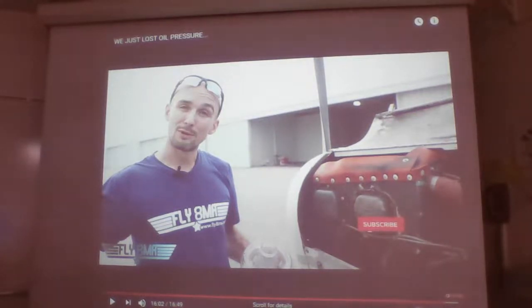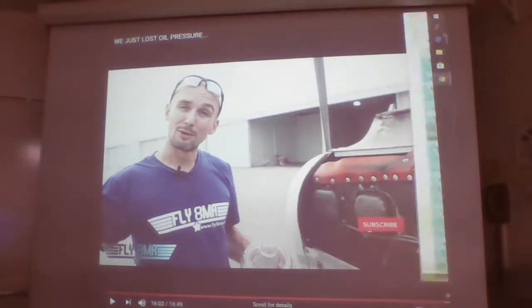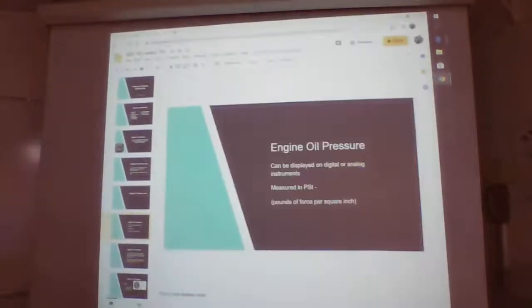Not too often that we see people get to experiment with that. So oil pressure is extremely important to your aircraft and to your engine. Like I said at the beginning of the slides, probably the most important instrument to the life of your engine.